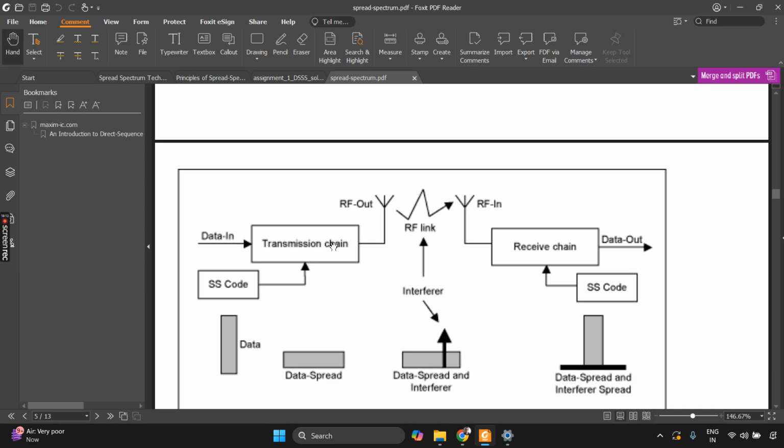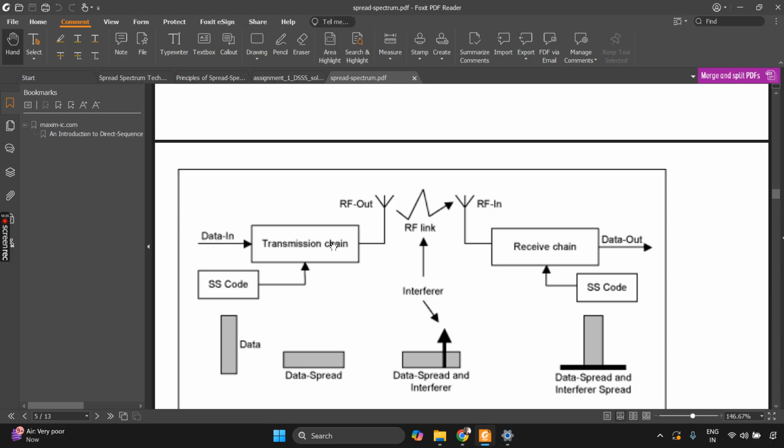Why? Because there is a unique code, like we have said. That code only can decode the spread spectrum signal. Nothing else can decode the spread spectrum signal. So when some interference comes, of course it cannot be decoded with that code, so it is rejected as noise.